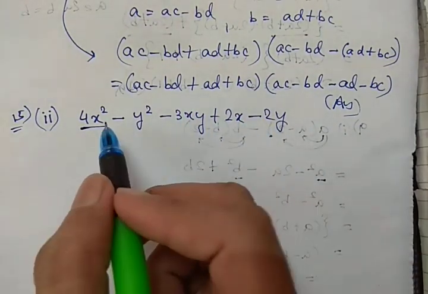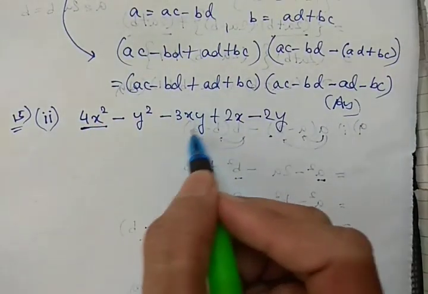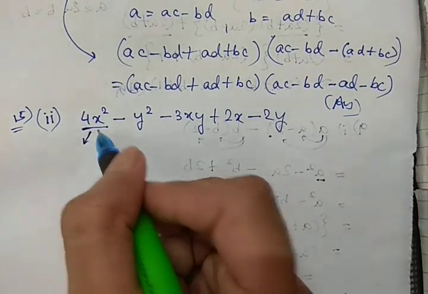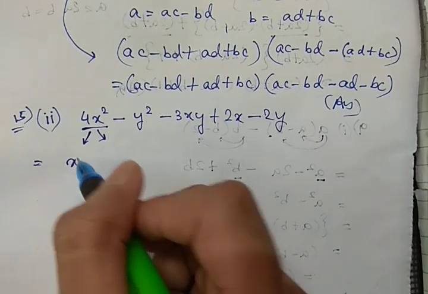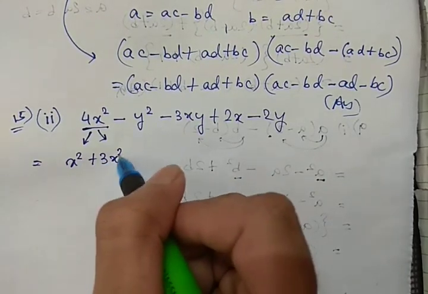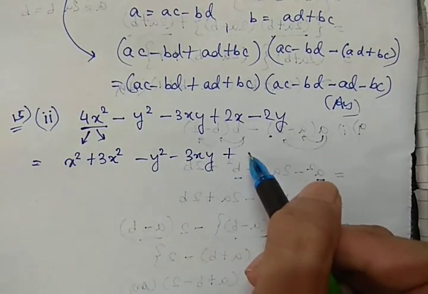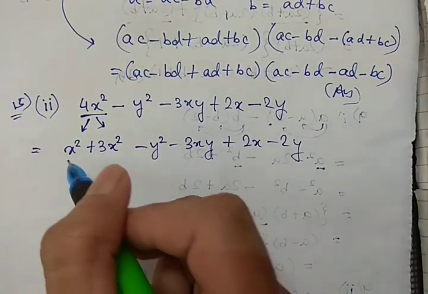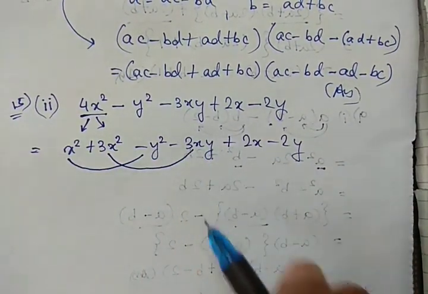If 3x square can be formed, then it can be taken as common with 3xy. So let us see. We are breaking down 4x square. So 4x square can be written as x square plus 3x square minus y square minus 3xy plus 2x minus 2y. Clear? Now let us combine these two, and let us combine these two terms together.